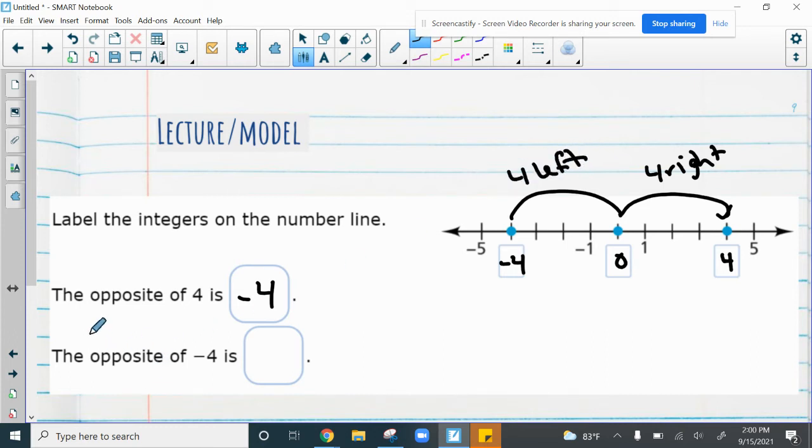So the opposite of -4, which would be written like this, would be equal to 4. Again, the first negative sign means the opposite of. That second negative sign also means opposite of. So the opposite of the opposite of 4 brings you back to 4. I know that part's a little confusing. We'll talk about it more. All right, let's keep moving.